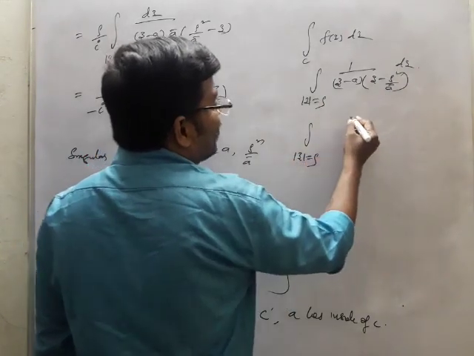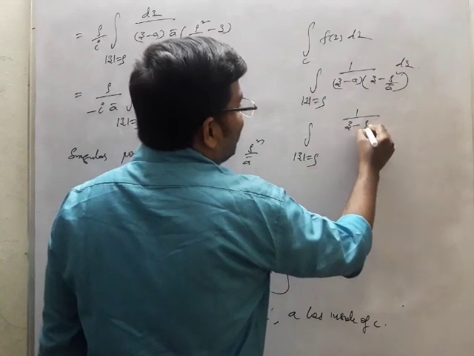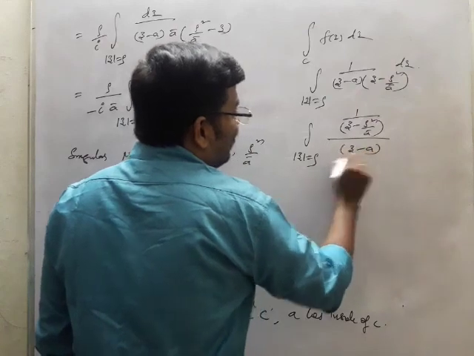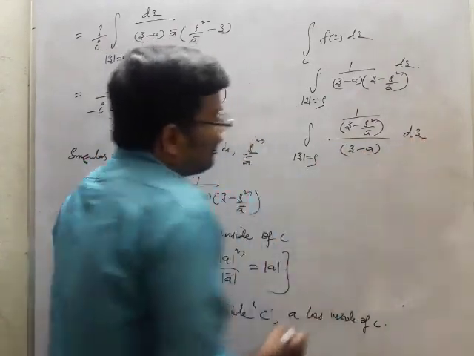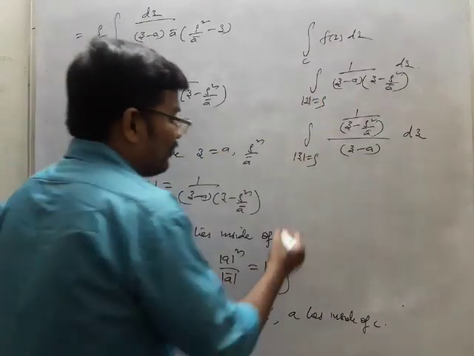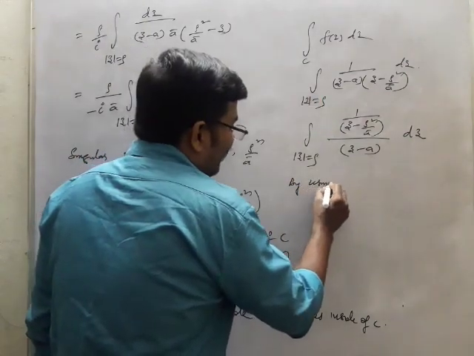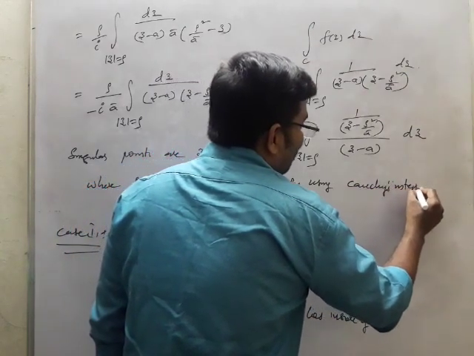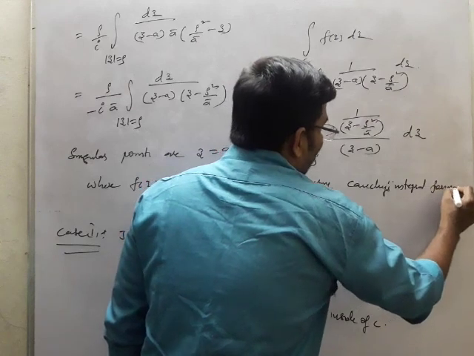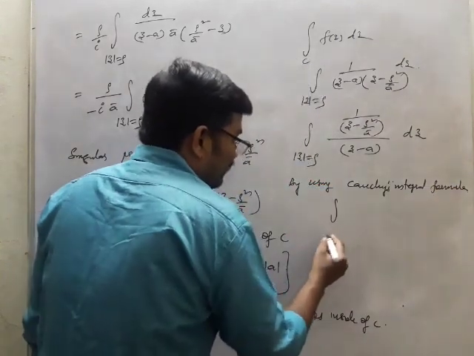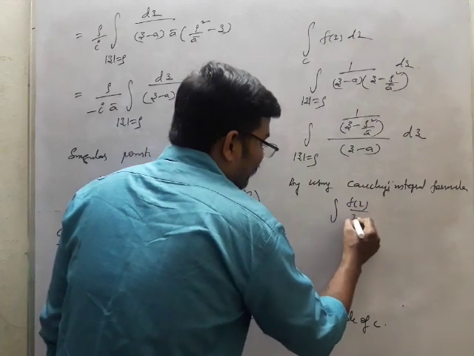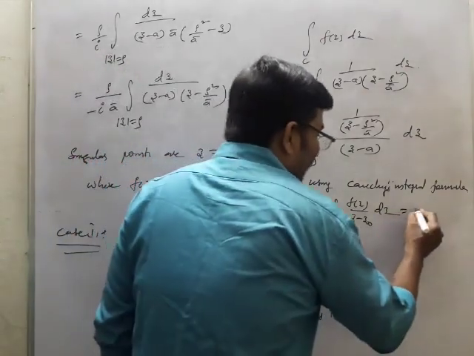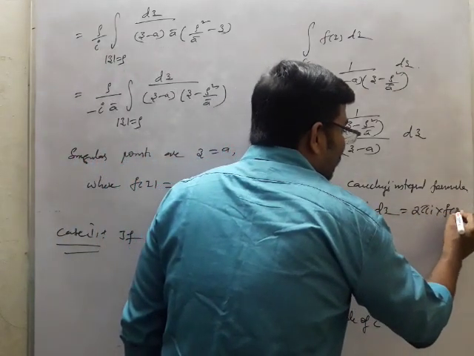I may take z minus rho square by a bar in the numerator, and in the denominator z minus a, dz. This is by using Cauchy's integral formula, that is, the integral of f of z by z minus z naught dz is equal to 2 pi i into f of z naught.